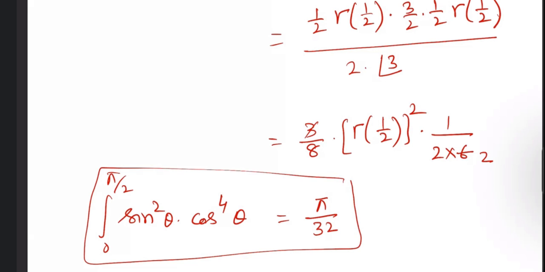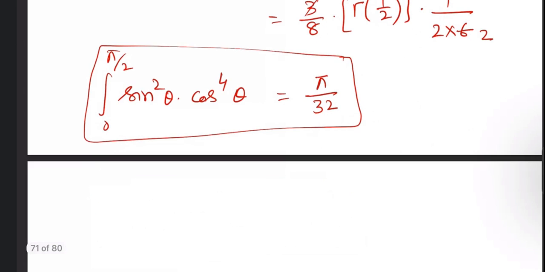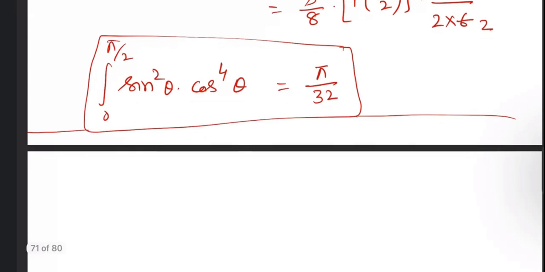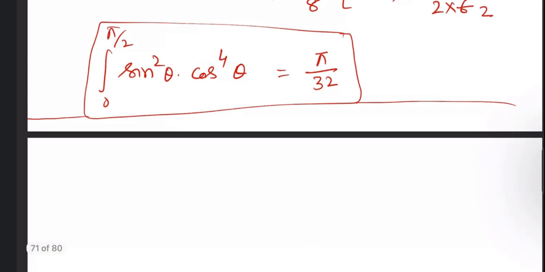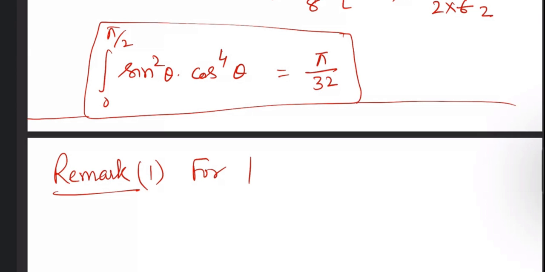Similarly, one can evaluate the other values for particular values of p and q. Let us consider a remark for the particular value p is equal to q is equal to 0.